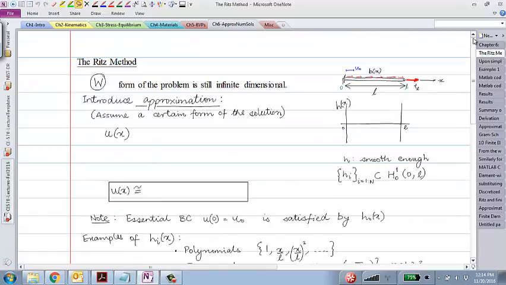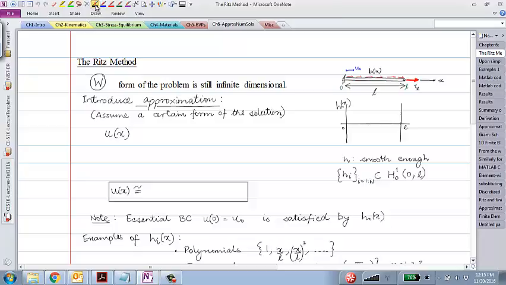One way to generate these approximate solutions is with this Ritz method. What this Ritz method says is that if I'm trying to solve a problem like this for this particular boundary condition, what I need to do is to approximate the real displacement and approximate the virtual displacement in that weak form.